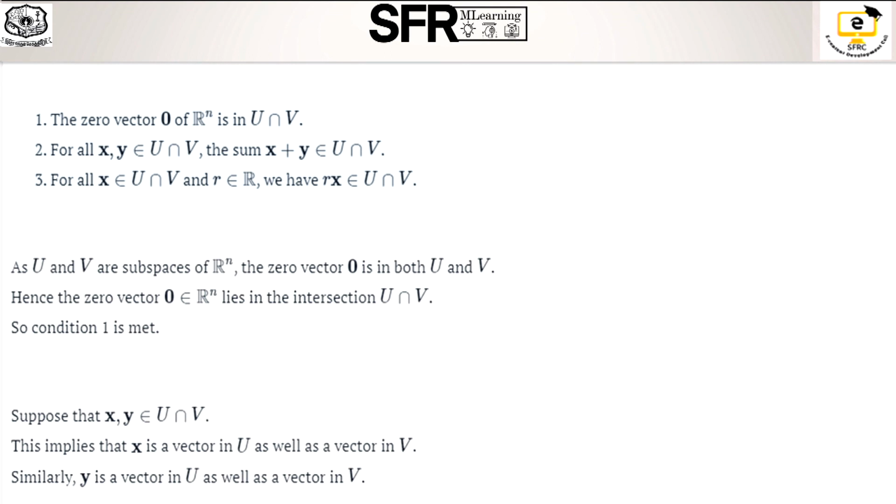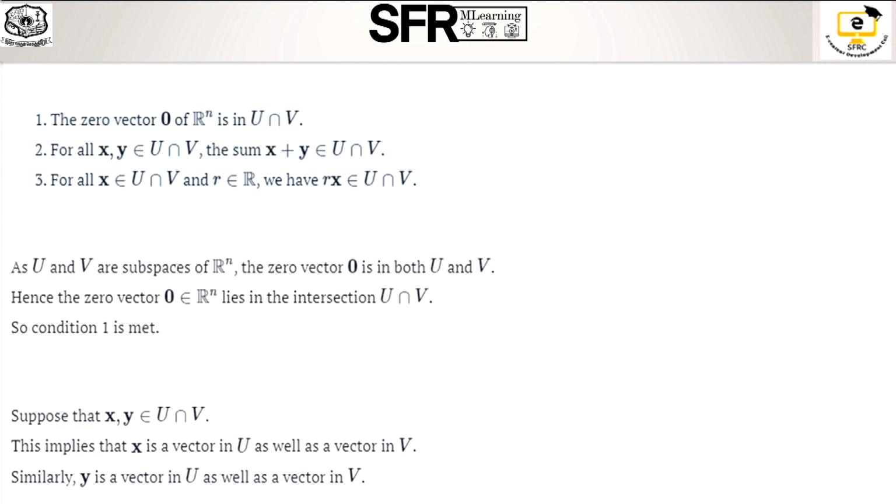For the next condition, we have to take one scalar from the field F, then alpha times the given vector u or alpha times v also exists in U intersection V. Therefore, the third condition is also possible. Hence U intersection V is a subspace for the given two subspaces.